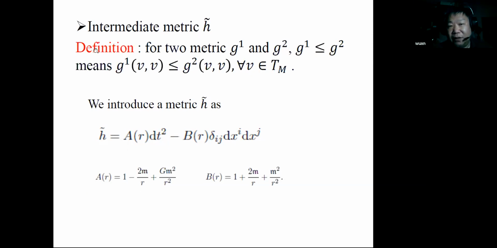And then we introduce a note: if we have two metrics g1 and g2, we say that g1 is smaller than g2 if for any tangent vector, the Lorentz norm of g2 is always bigger than g1's Lorentz norm. Then we call g2 bigger than g1.